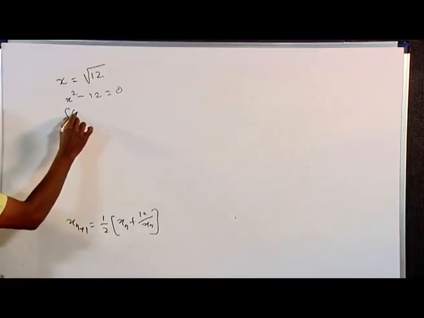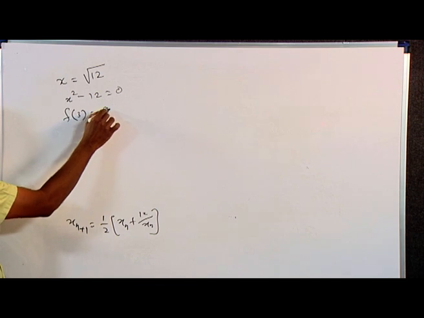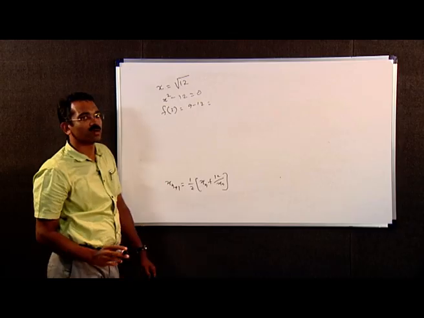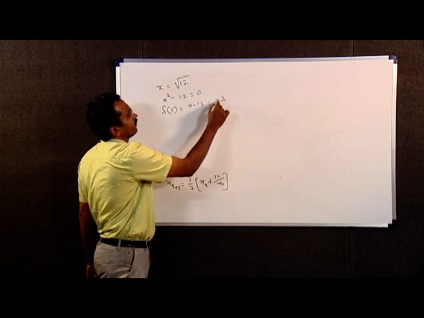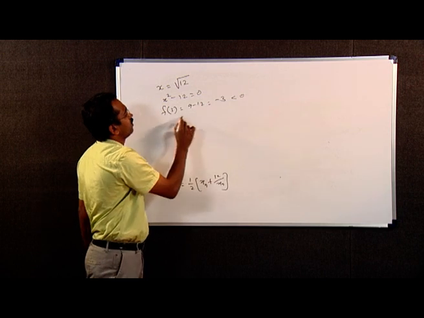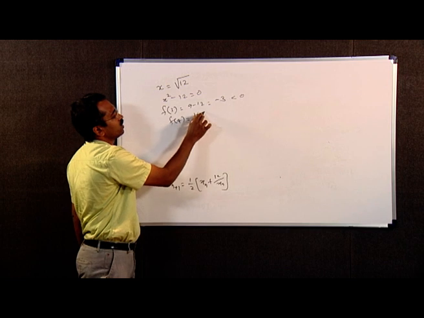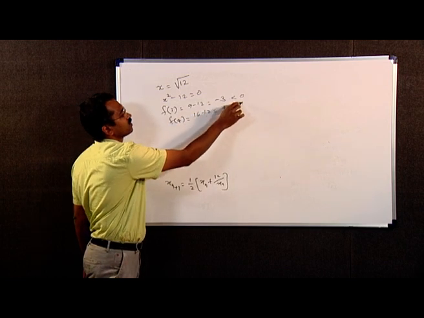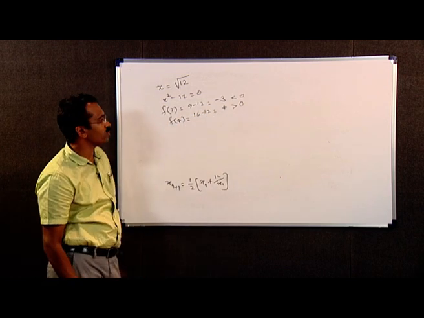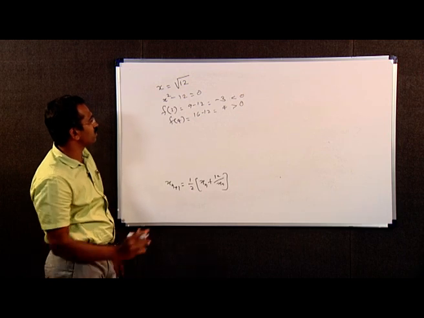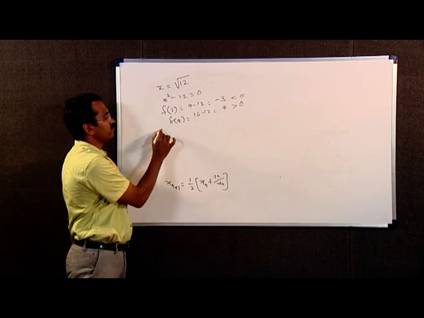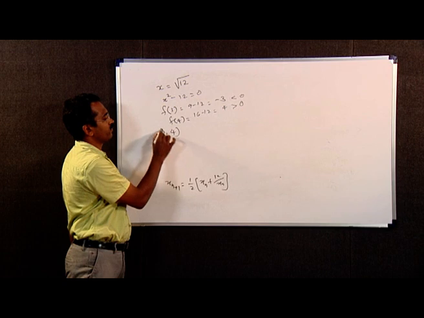F of 3 is equal to 9 minus 12, that is minus 3, negative. F of 4 equal to 16 minus 12, that is 4, which is positive. Therefore, we can conclude that there is a root in between 3 and 4.